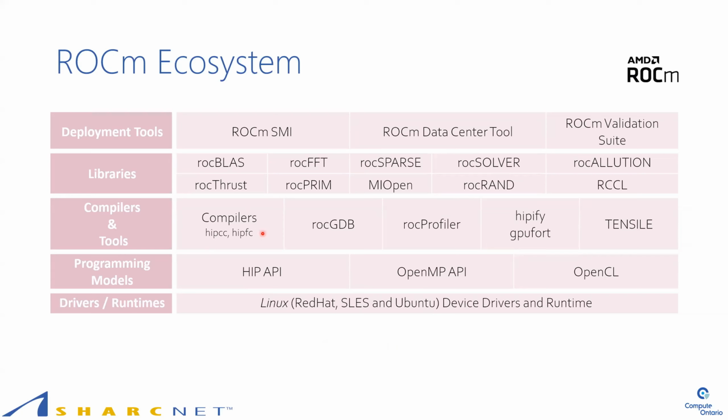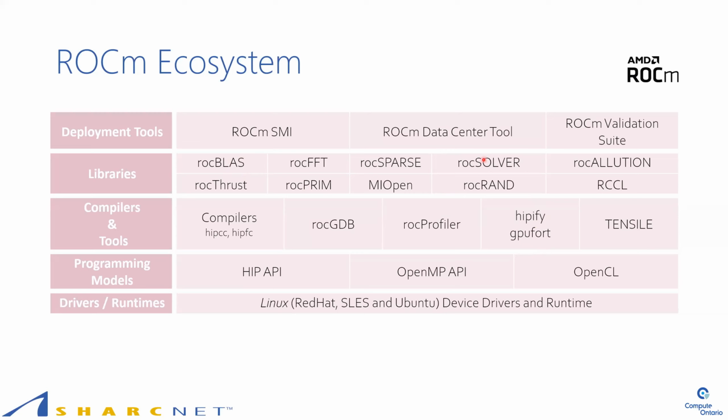Compilers are mainly hipcc and hipfc for Fortran, and ROCgdb. Interestingly, starting with ROCm, they support some tools to port CUDA kernels to, for example, HIP. The tool is called Hipify, and the version for Fortran is GPUFORT.